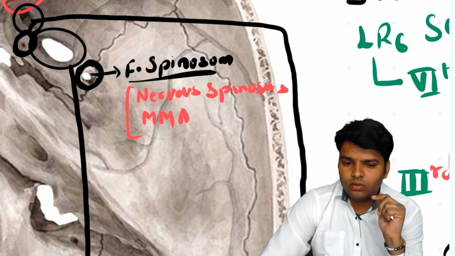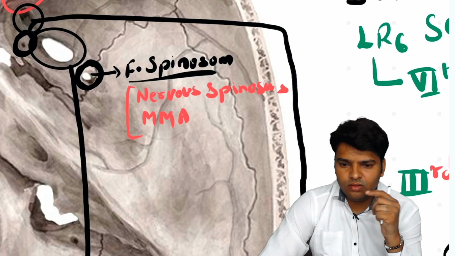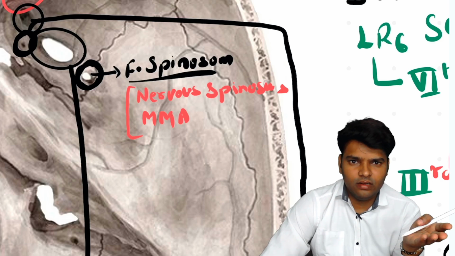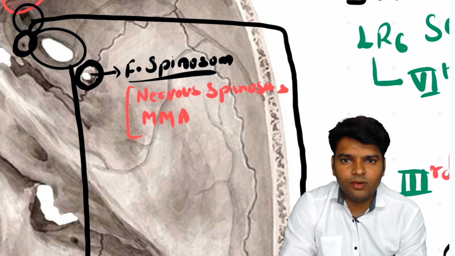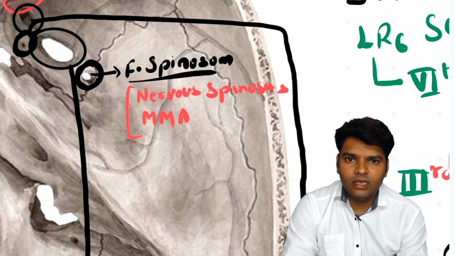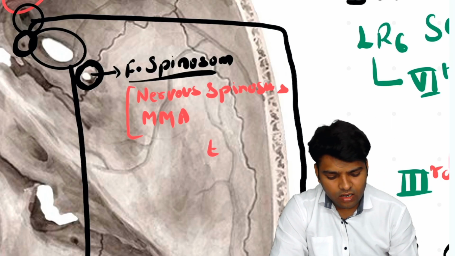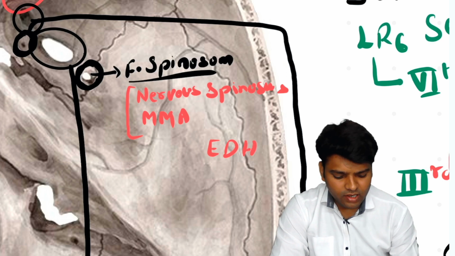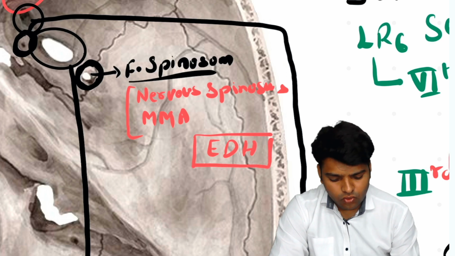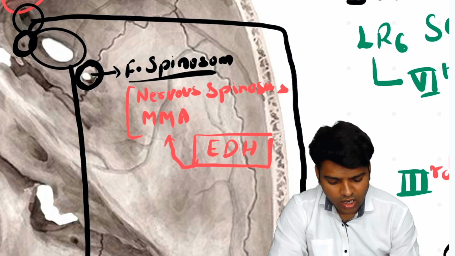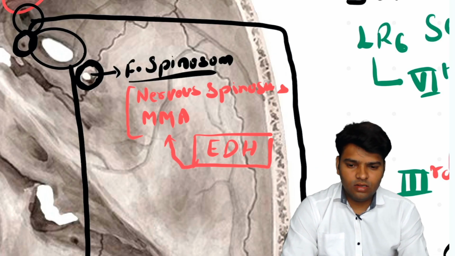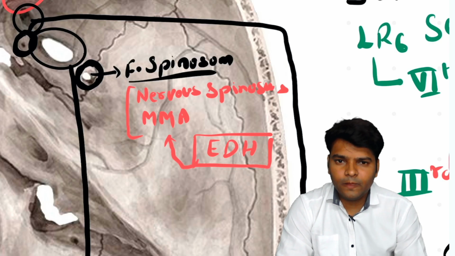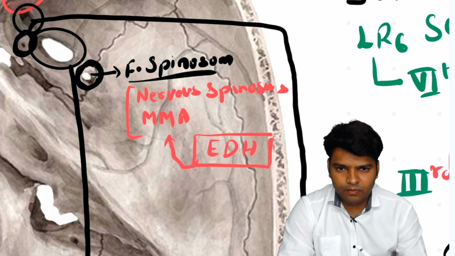There is one MCQ the examiner can ask you: which artery is responsible for producing the EDH, extradural hemorrhage, yes, epidural hemorrhage? So when the middle meningeal artery is ruptured, this produces the extradural or epidural hemorrhage.